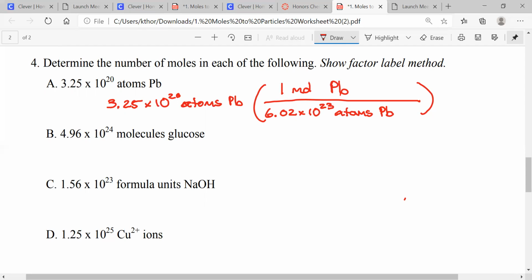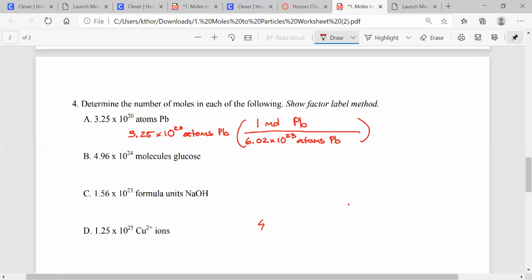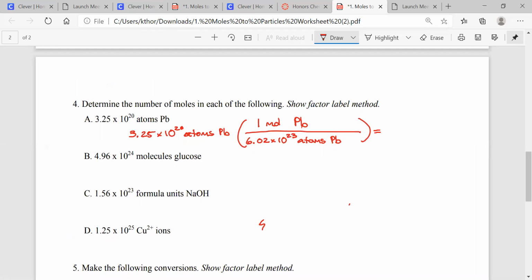Whoops. So 3.25 divided by 6.02, my raw answer right on my calculator is 5.4 or 0.540 times 10 to the blanks.